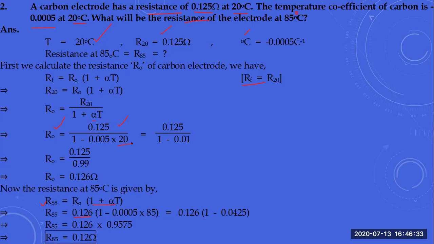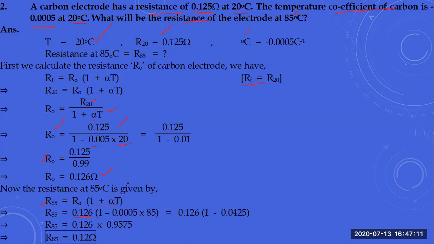The temperature is 20 and the coefficient of carbon is 0.005. After putting in the values, 0.125 divided by 0.99 gives the resistance at low temperature, that is 0.126 ohm.